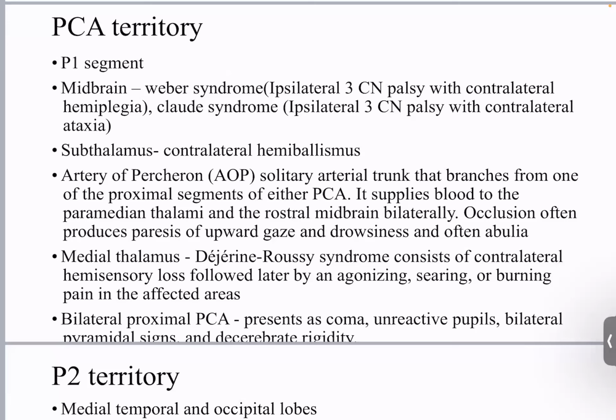Occlusion often produces paresis of upward gaze, drowsiness, and often abulia. Medial thalamus involvement can cause Dejerine-Roussy syndrome, which consists of contralateral hemisensory loss followed by agonizing, searing, or burning pain in the affected areas. Bilateral proximal PCA occlusion presents as coma.